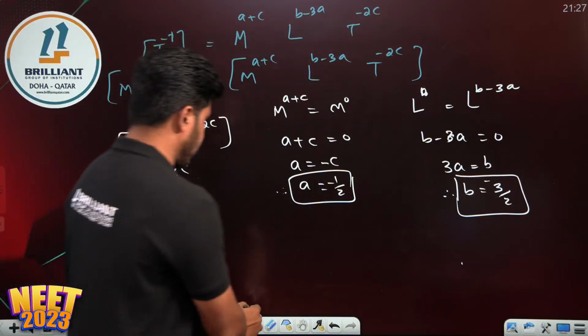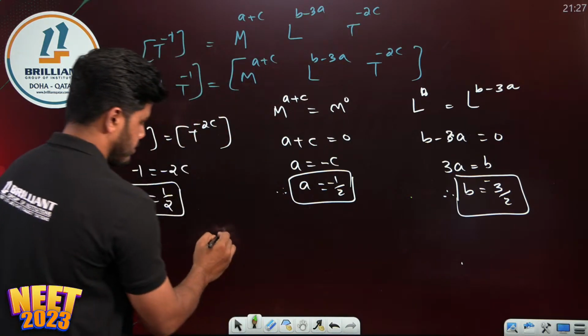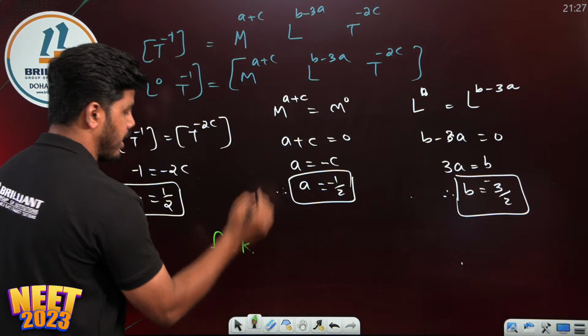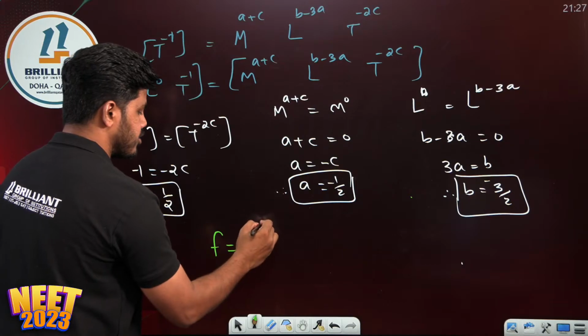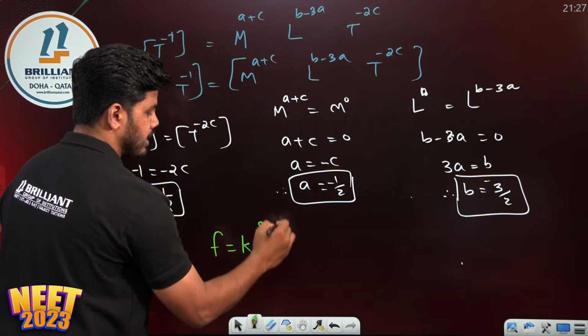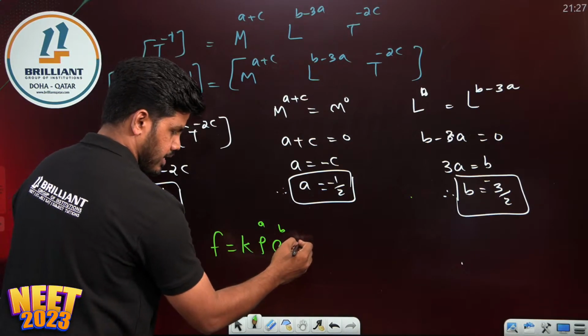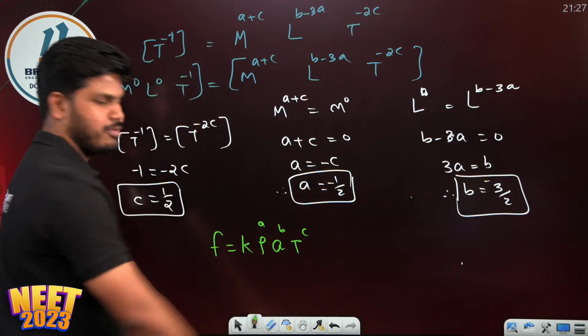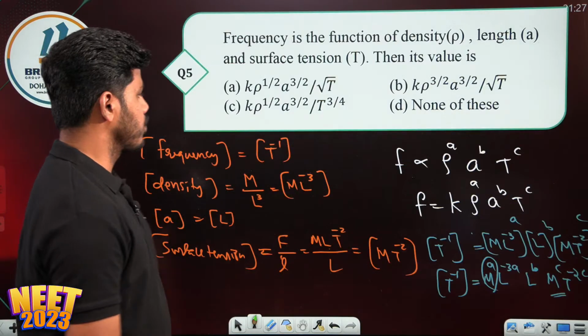Correct? So when you come back to the equation, what is your equation? Frequency is equal to some k into density raised to a, then length raised to b, and finally surface tension raised to c. That was the equation, right? That is what we started with.